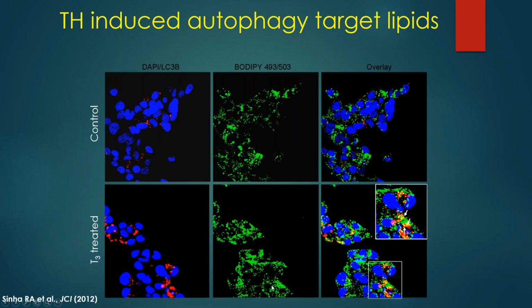Overlap means if an autophagosome is eating up a lipid, in immunofluorescence you will see red and green overlapping with each other, which will look yellow. Red and green, when you overlay, become yellow. So the more yellow signal you see, the more it indicates increased lipid uptake by your autophagosome.